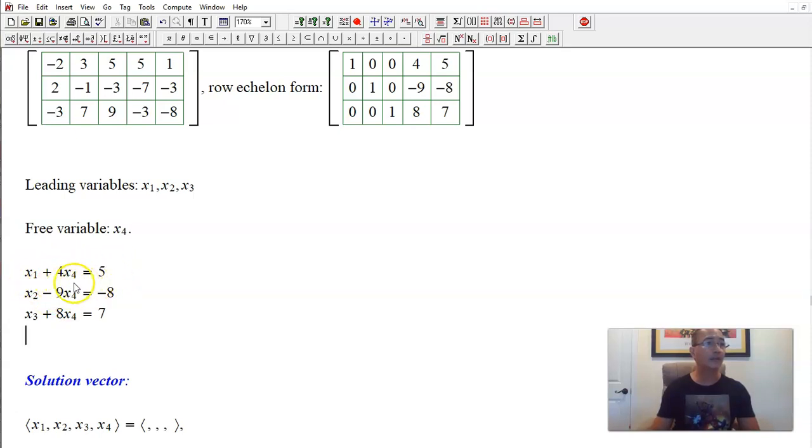Okay, so it's relatively simple. We just move the 4x4 to the other side. So x1 is 5 minus 4x4. x2 is -8 plus 9x4. x3 is 7 minus 8x4. And x4 is our free variable, so we just put x4 there. There we go. And of course, x4 is any real number.